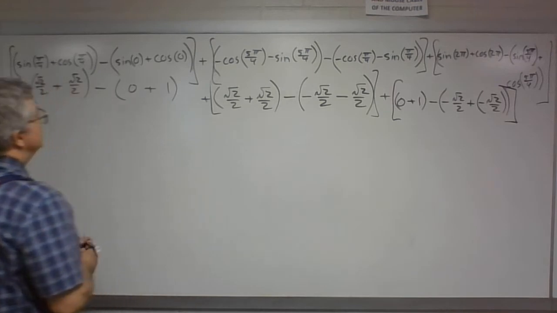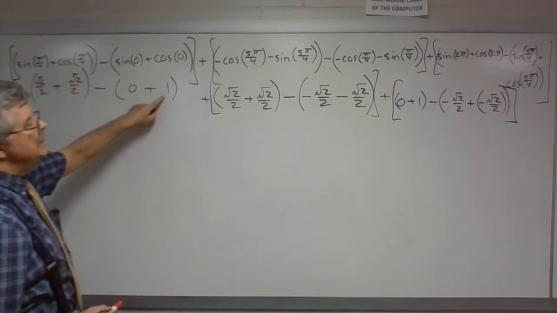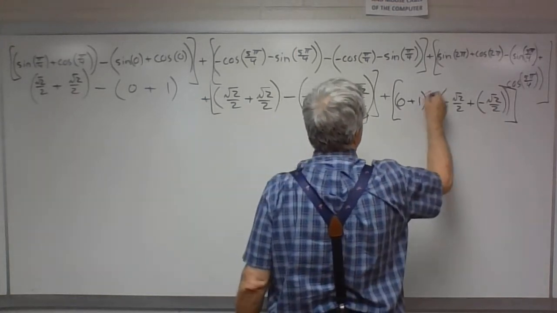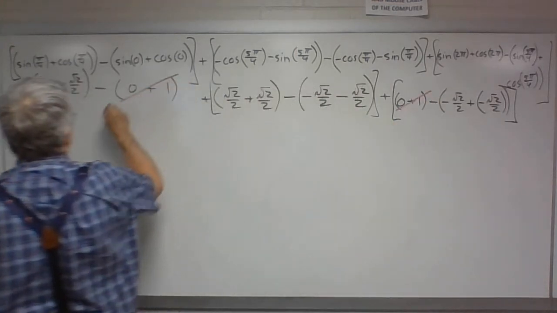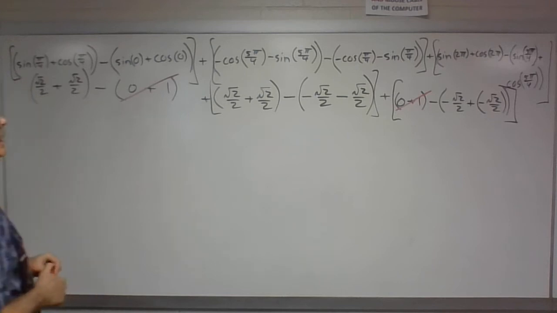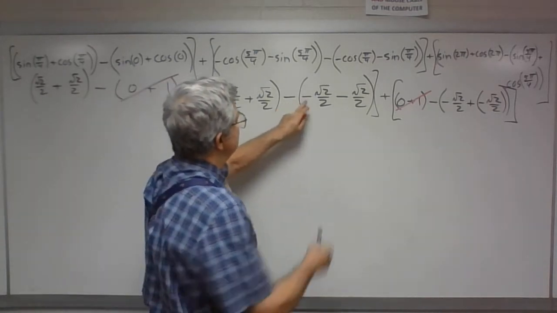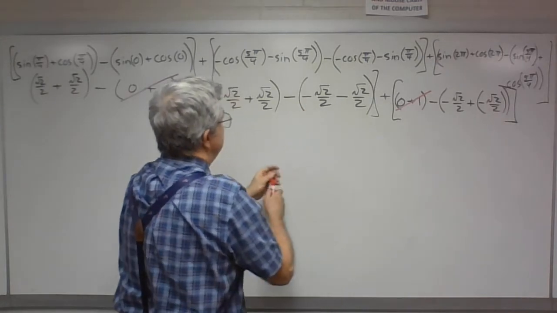Okay. I have a minus 1 here and a plus 1 here. They are gone. And let's see. I have minus and minus, that makes plus.